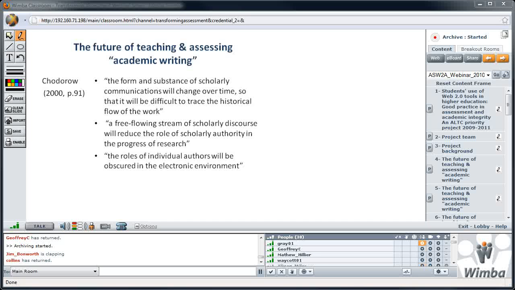We weren't sure about the germ of concern here about making sure that what we do in university by way of adopting new technologies for teaching and assessing academic writing, that we do well and with academic values in play.